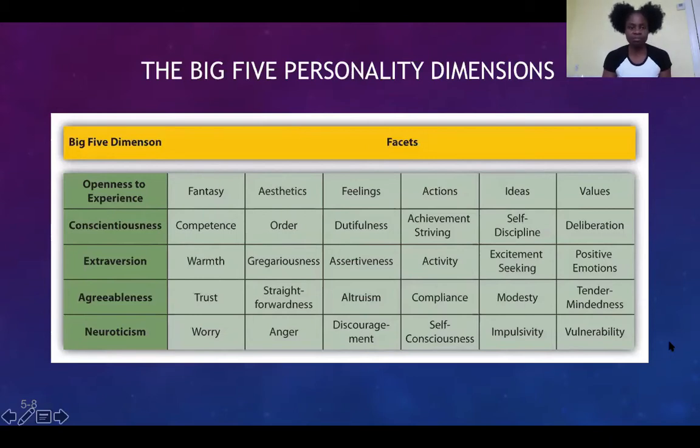Emotions, attitudes, and so on are constructs in psychology. The big 5 dimensions here are openness to experience, conscientiousness, extroversion, agreeableness, and neuroticism, and then the facets that they can manifest themselves in.